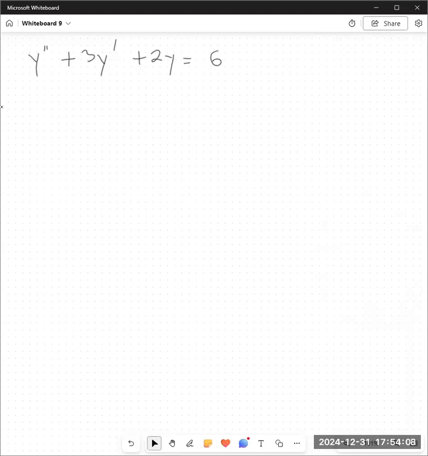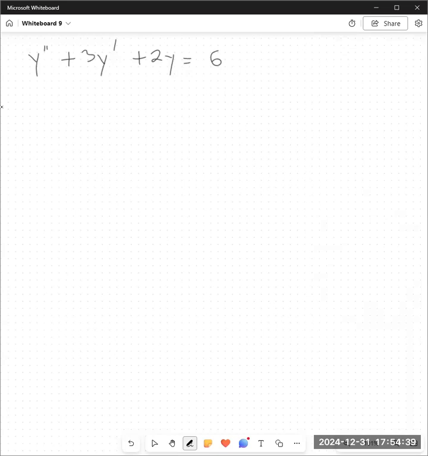That right-hand side needs to be a constant or linear or quadratic or cubic or some other kind of polynomial like that, or it needs to be exponential, or some combination of sine and cosine, but not tangents or secants or cosecants or cotangents.